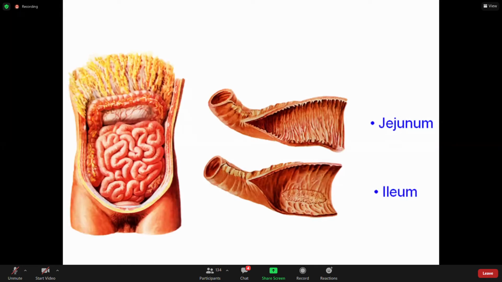Now the next feature, which is very important, might not be clear with this picture, but once you look directly in a true view, especially in the same human being, you can differentiate the size of the lumen. The lumen of the duodenum is wider. In the same person, the size of the lumen compared to the ileum is always more, and in a cadaver you will find the empty lumen.